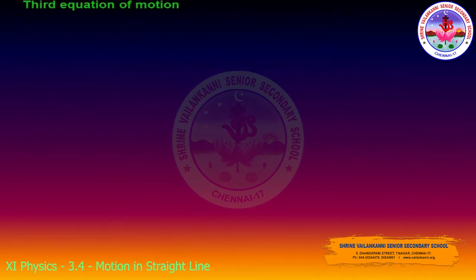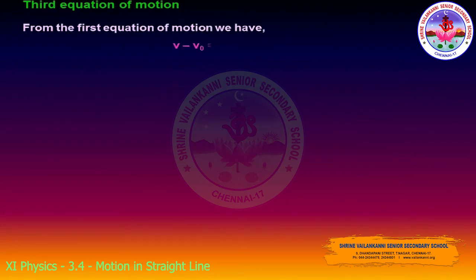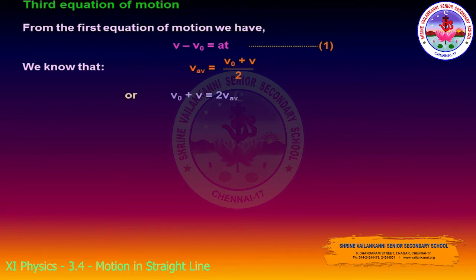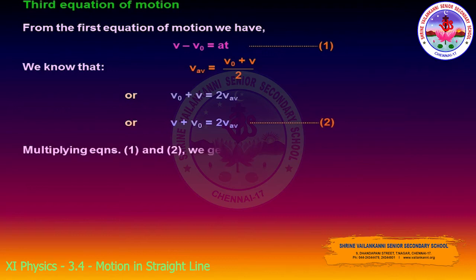Now the third equation of motion. We know the first equation is v minus v naught equals at. And the average velocity is v naught plus v by 2, or v naught plus v equals 2 v average. So v plus v naught equals 2 v average, which we take as the second equation.